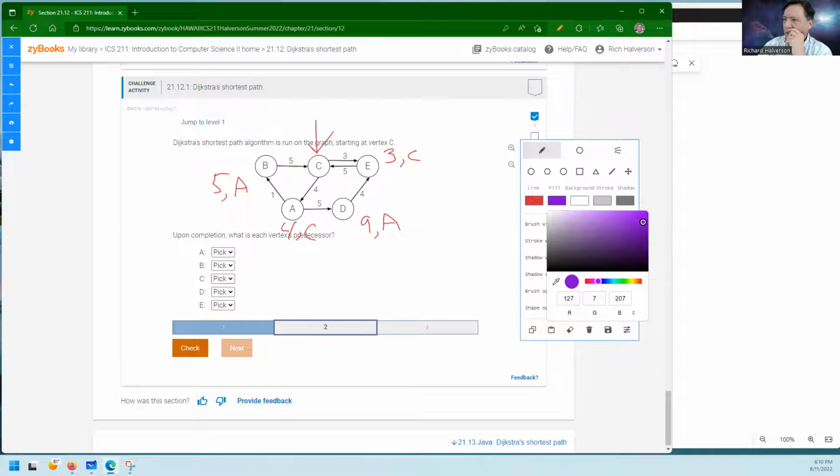To get from C to E, you just go like that.